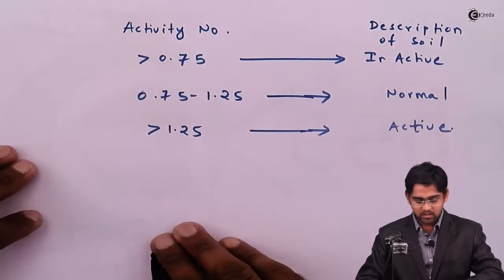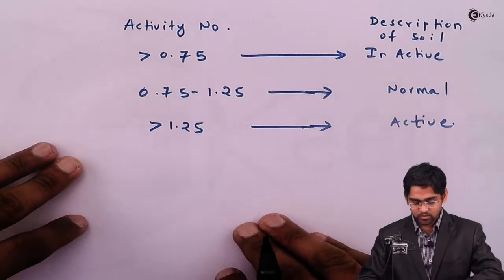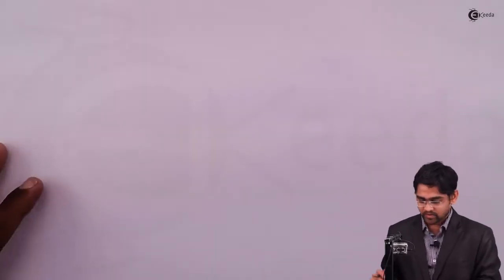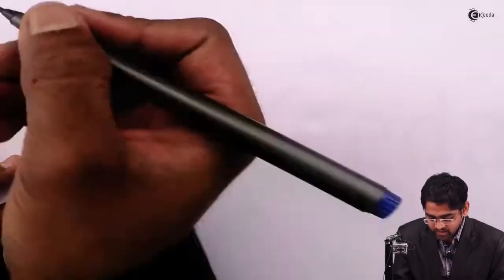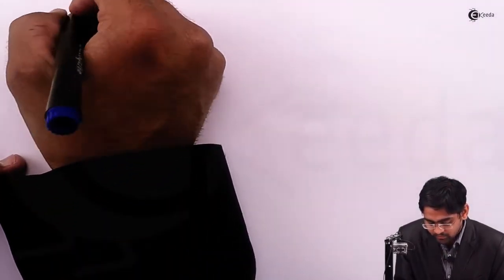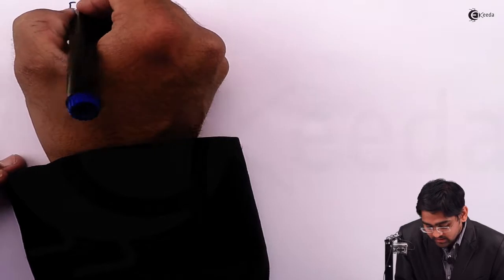So we are about to complete this chapter, the index properties of soil, but a few things were left out from a field point of view, that means field tests.